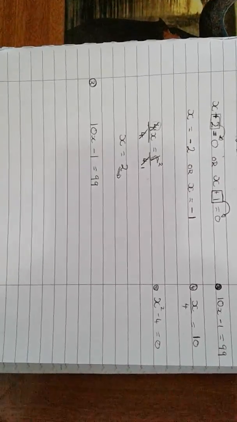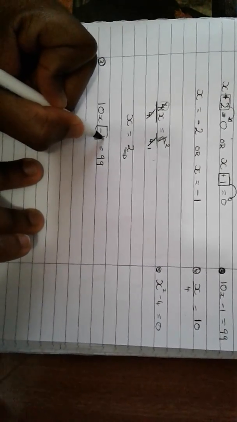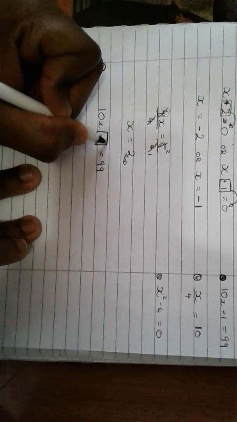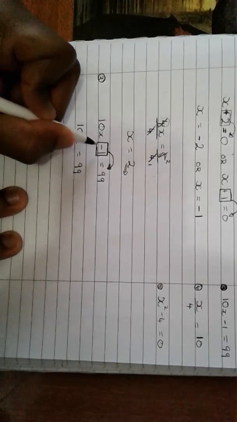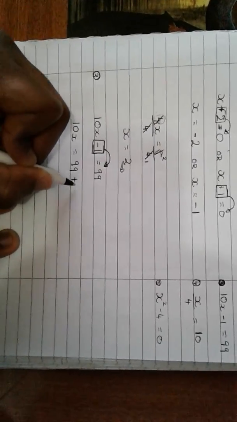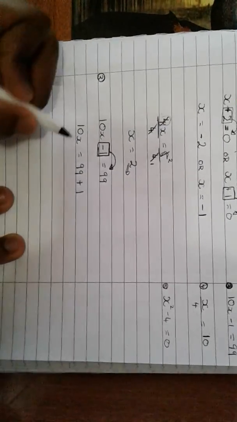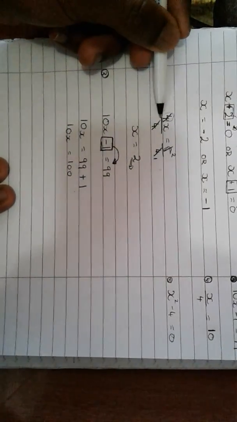The first thing you do, you take this negative 1 to the other side of the equal sign. So on the left side, you are left with 10x is equal to 99. When you take this one to the other side, it changes its sign to a positive 1. And then you'll have 10x is equal to 99 plus 1, 100. Got it? And then we use the rule that we used here.